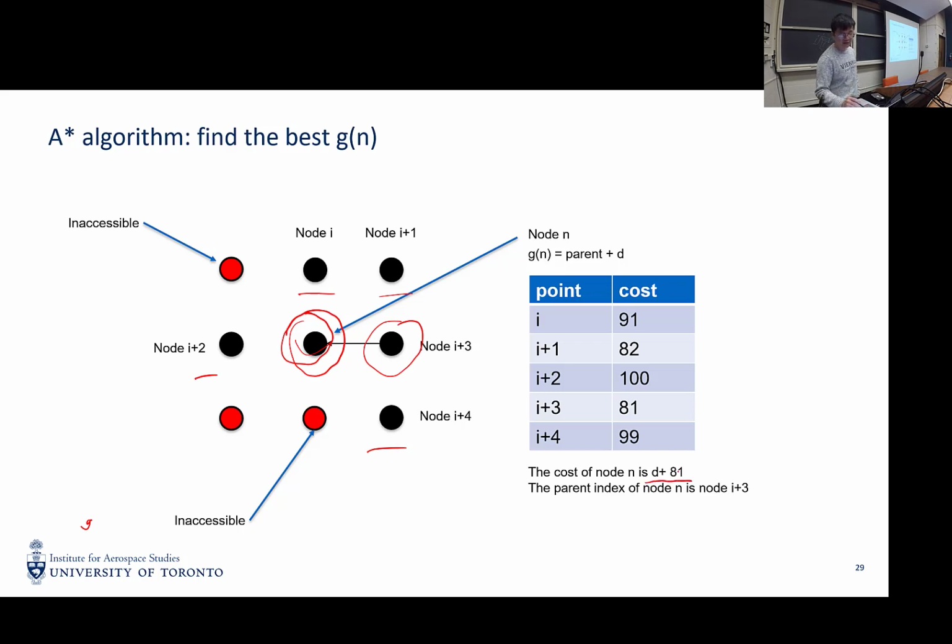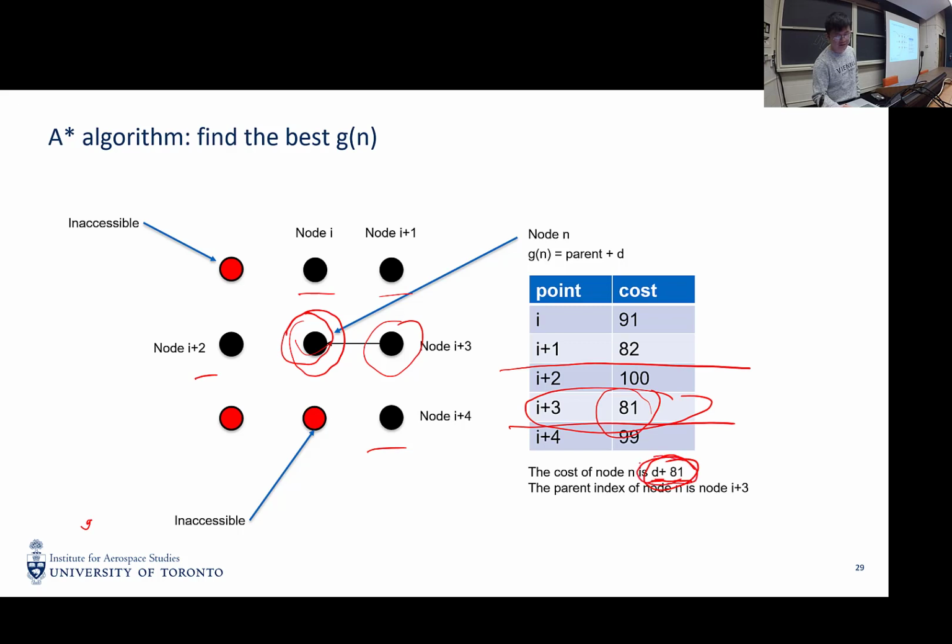For example, if node I plus 3 has a cost of 81, we calculate the total cost as the summation of D plus 81.